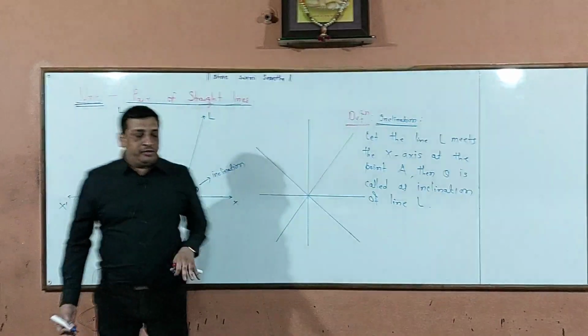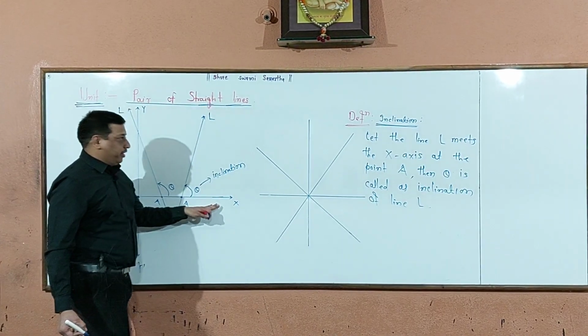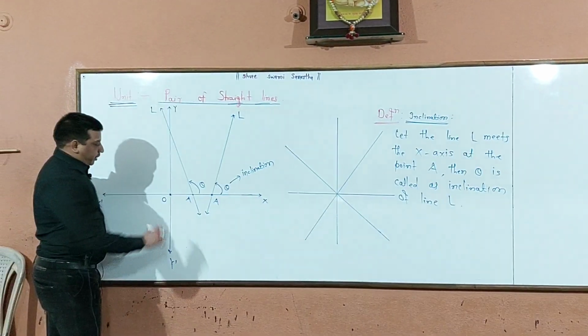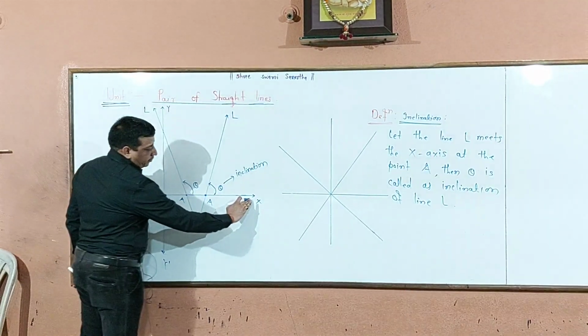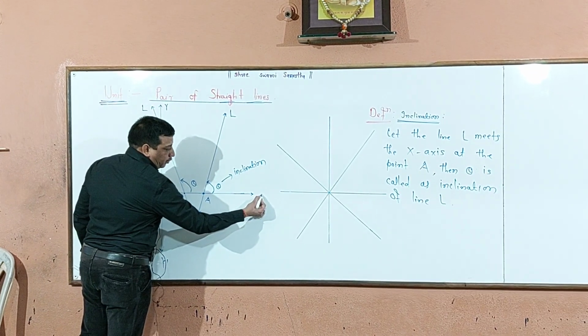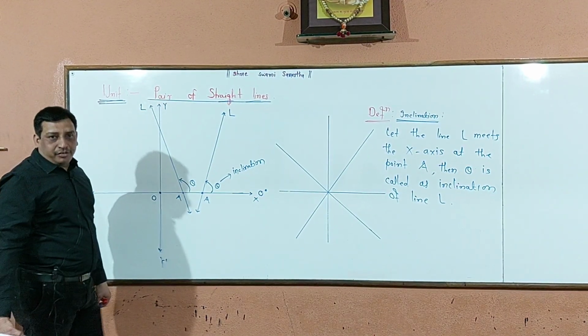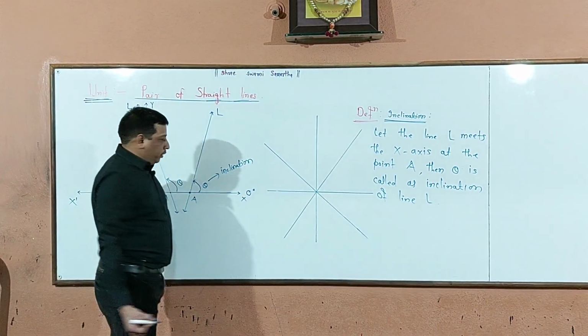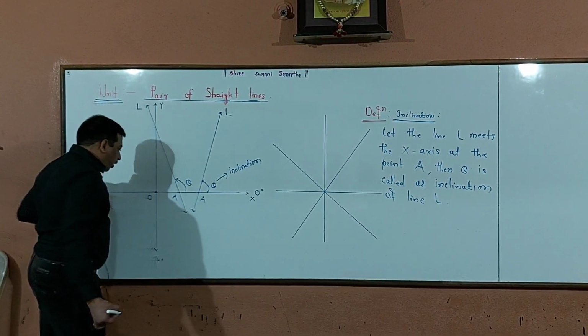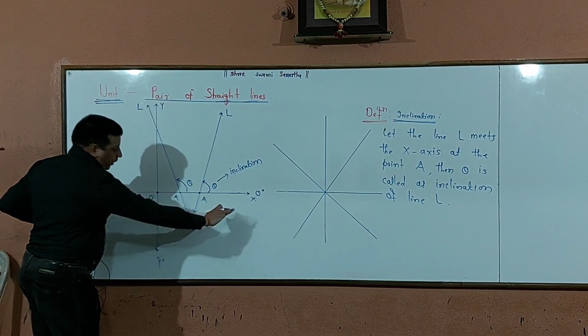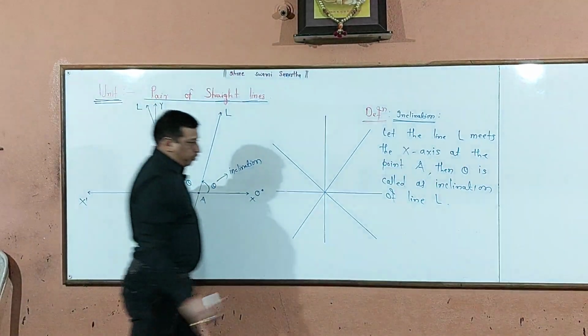Now first we discuss the inclination of the x-axis. The inclination of the x-axis or a line parallel to the x-axis is 0 degree.